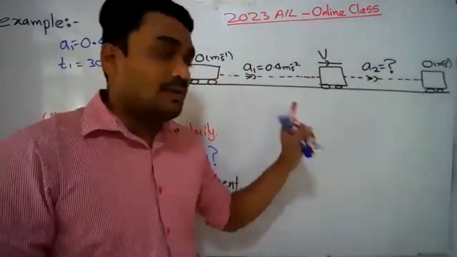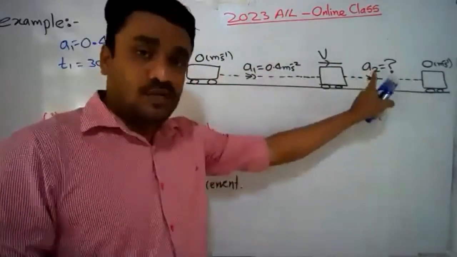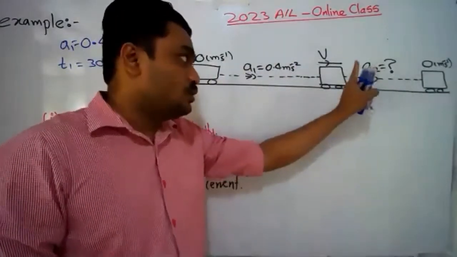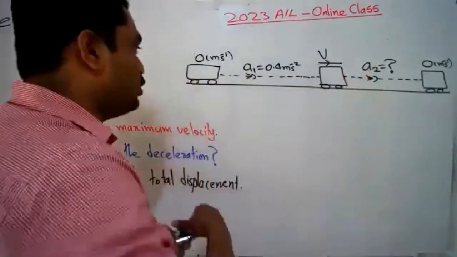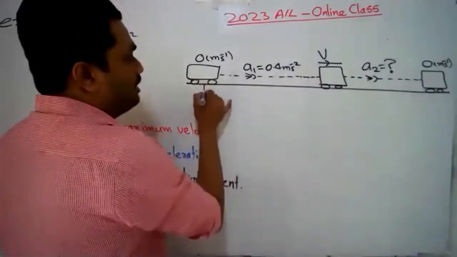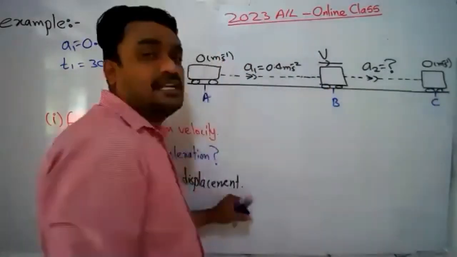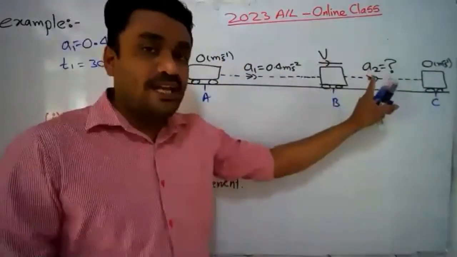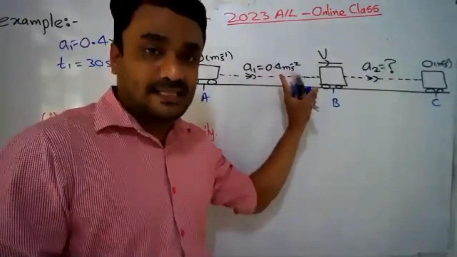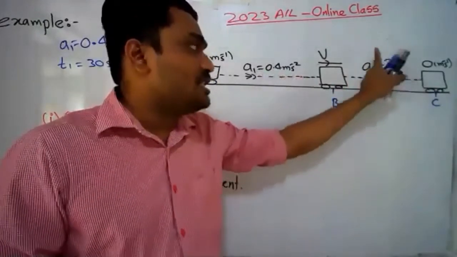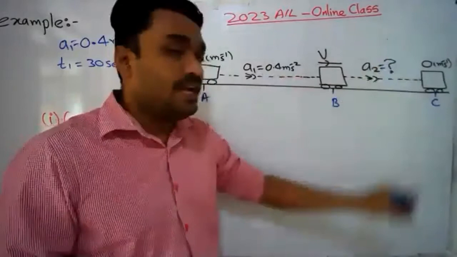Please remember that A1 is acceleration, and A2 is also acceleration. Both A1 and A2 represent acceleration. As the object decelerates from B to C, you'll get a minus value for A2. Once we do the calculations, we will get a minus answer for A2.